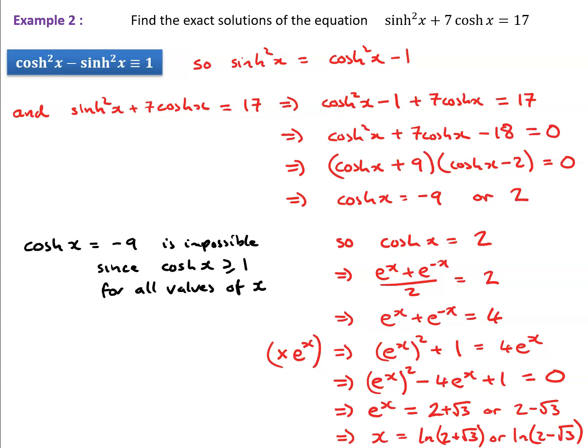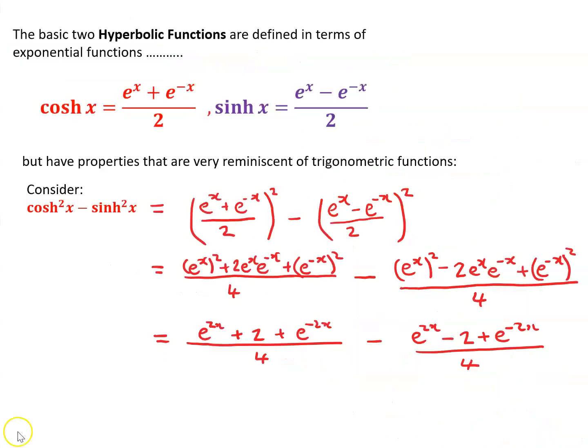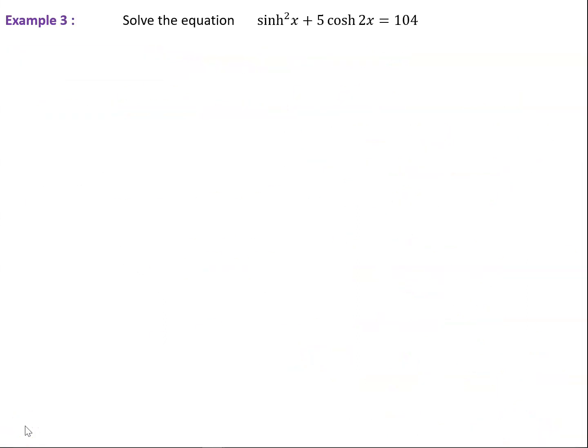And in this case, since the question said find the exact solutions of the equation, we'll leave our answer just like that. For our next equation, we're going to try and solve sinh squared x plus 5 cosh 2x equals 104.